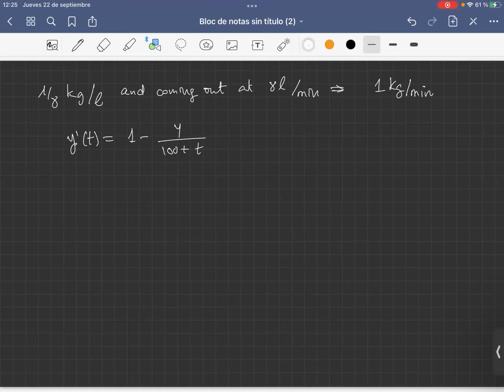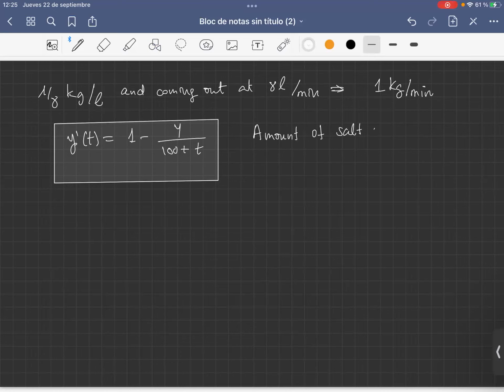So basically, this is going to be the equation that is going to tell us the amount of salt in the tank at any point in time t.